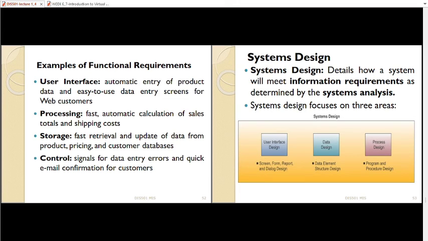Then we can do the system design itself. Now, how will the system meet information requirements as determined by the system analysts? Because you need to sit down. Yes, we have given the requirements. These are the requirements we expect from this particular kind of system. Then what do we need? We basically now need to come up with designs.